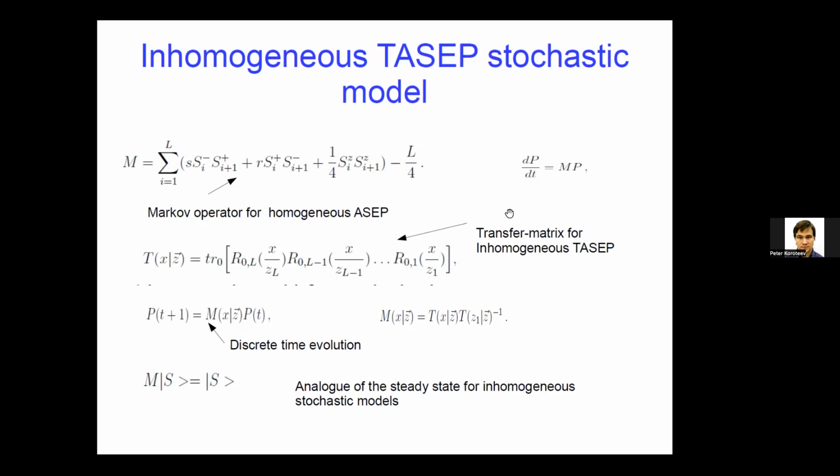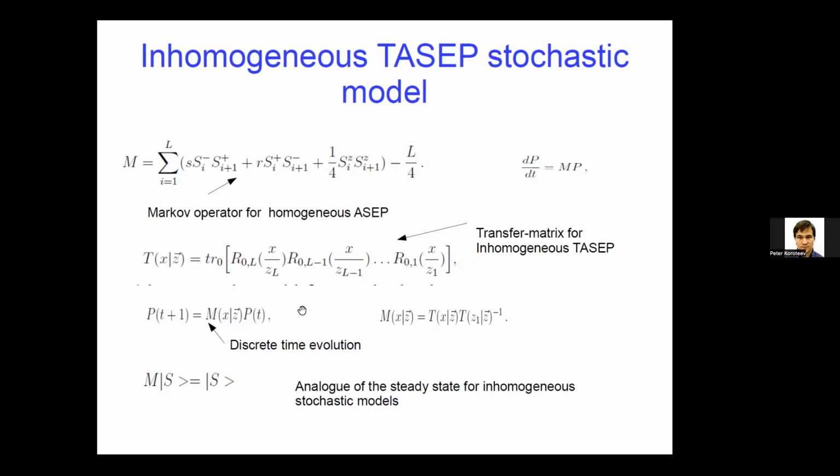When we consider the homogeneous situation, the Markov process looks as follows. We consider the probability as a kind of Hamiltonian Schrödinger equation, where the Hamiltonian can be related to the XXZ spin chain Hamiltonian. But we are interested in the case when the jumps are position dependent. The transfer matrix for the inhomogeneous case looks as follows, where the R matrices I'll show on the next slide.